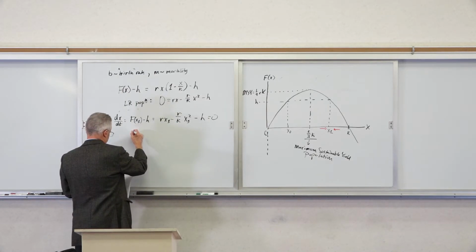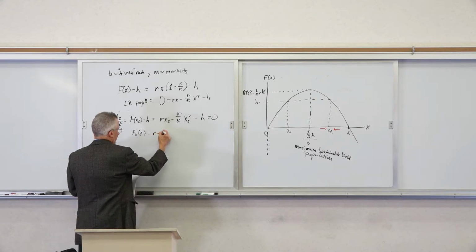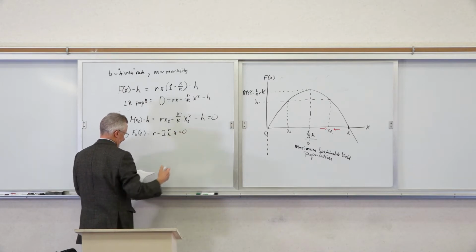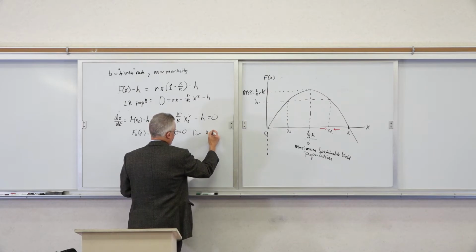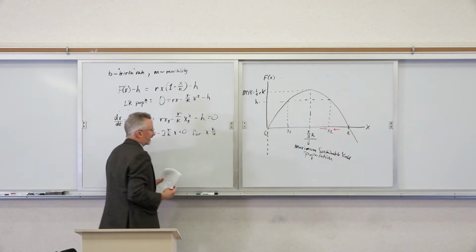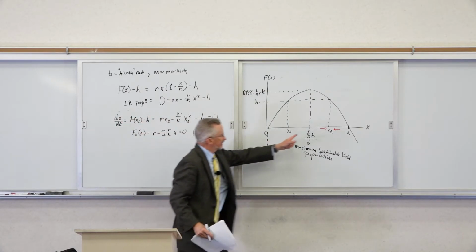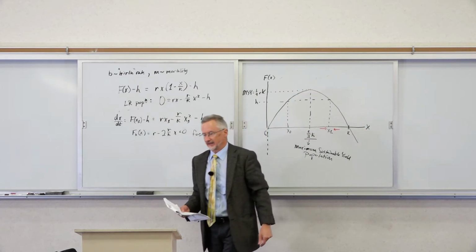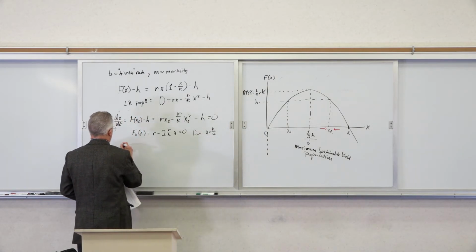And f prime of x is equal to r minus 2r over k x, less than 0 for x greater than this. That is to say, over here, the rate of change of the growth rate is negative, and so population must be falling.